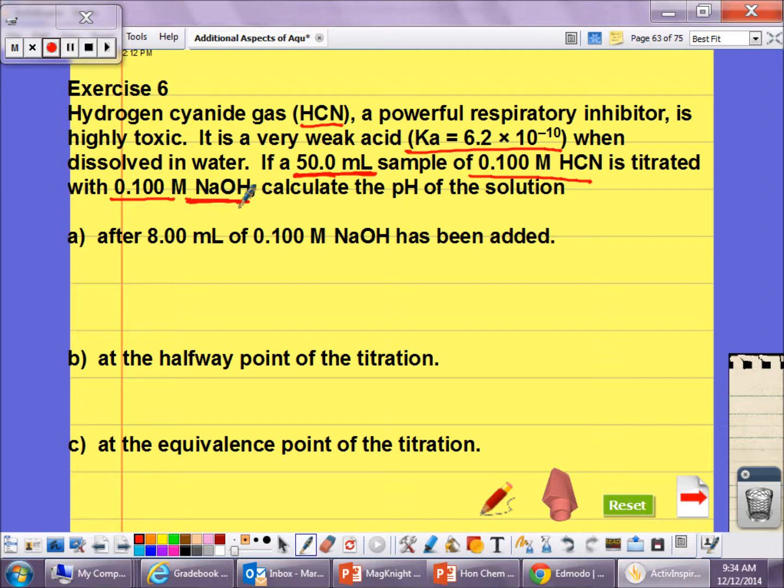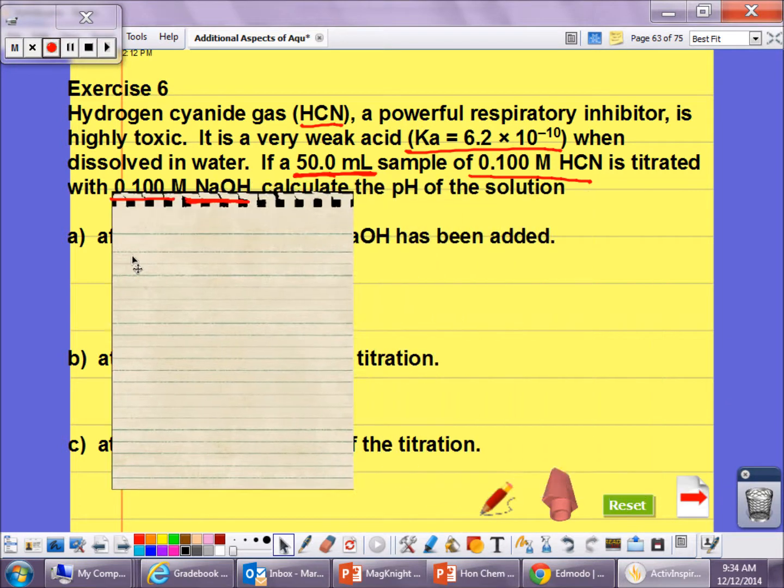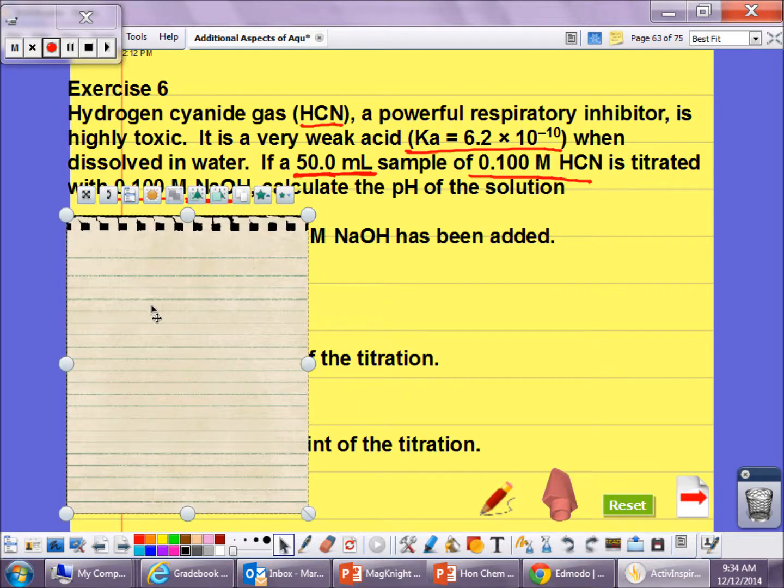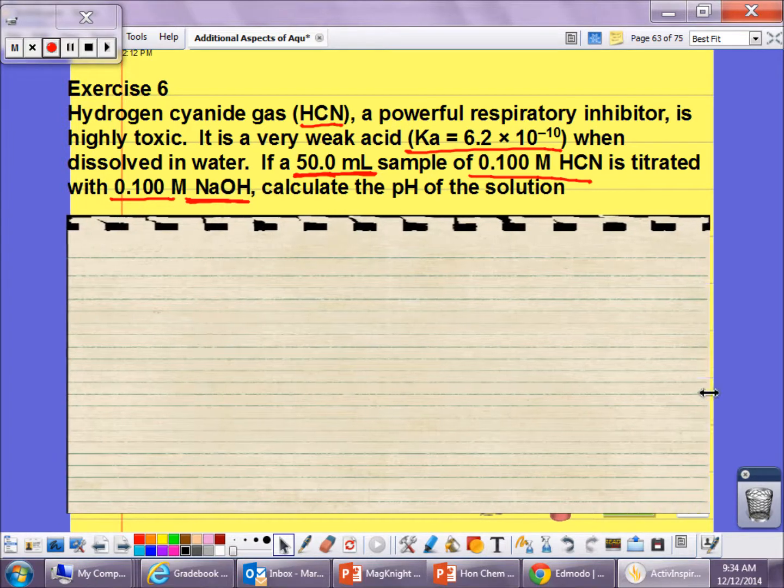How about if they had asked me what is the pH before any base had been added? Remember, this is a weak acid. So this is HCN, and I would have to do equilibrium.